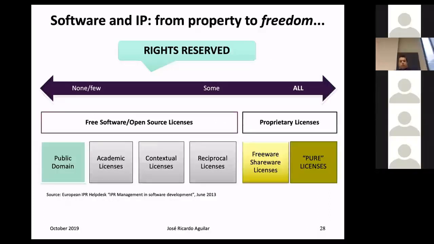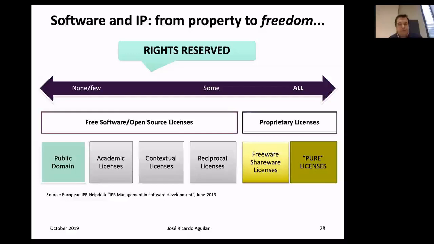So when we look at the different models with regard to licenses, we all know about that open source trend. But open source, when we think about IP and when we think about copyright, must be understood as a voluntary limitation of the rights that are granted by law to the developer of that software.